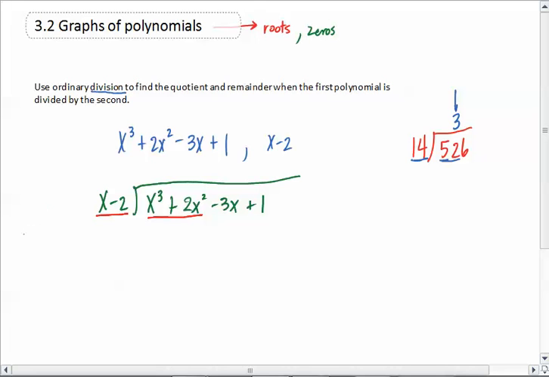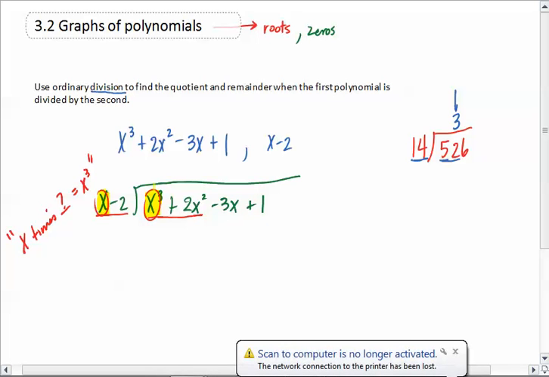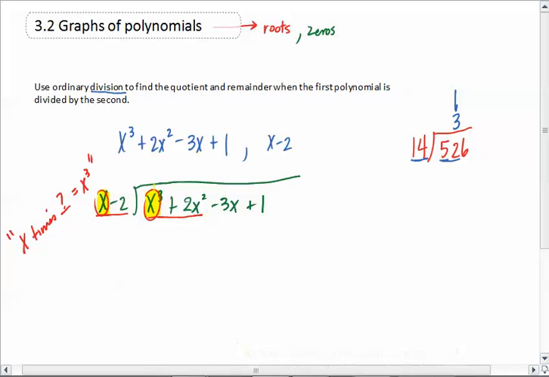We're going to take the front runner there, and we're going to compare it to the front runner there. And we're going to say x times what equals x to the third. That's what we're going to actually say. In other words, we're only going to care about making the front of that binomial match the front of that temporary binomial, right? We're just taking 2 of those things, which we can kind of think of as a binomial.